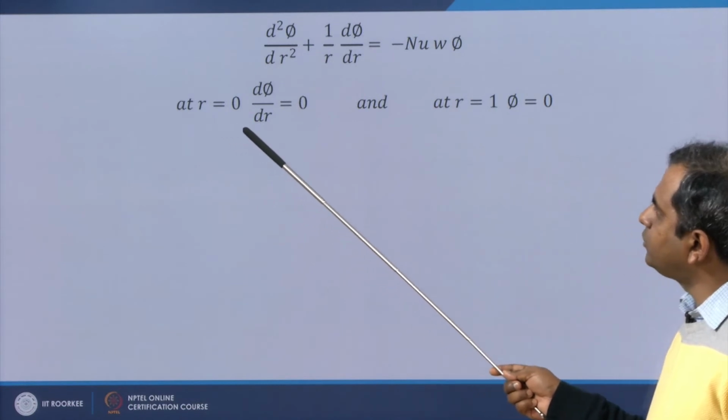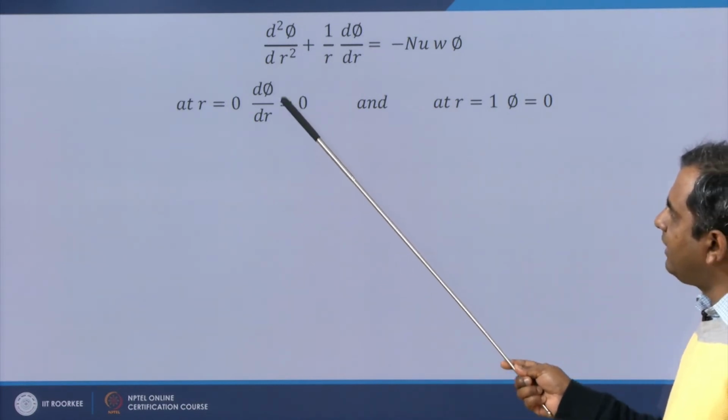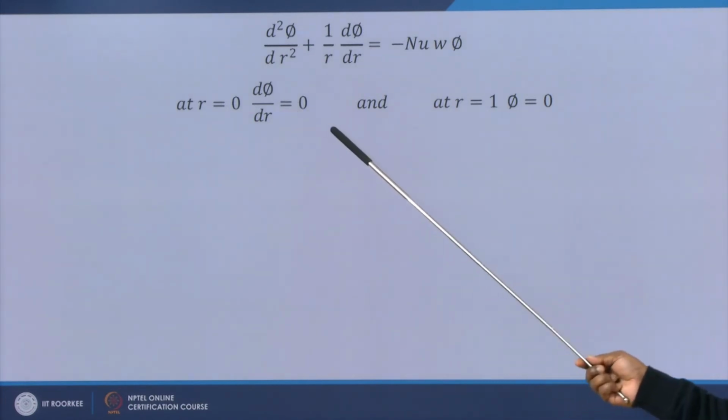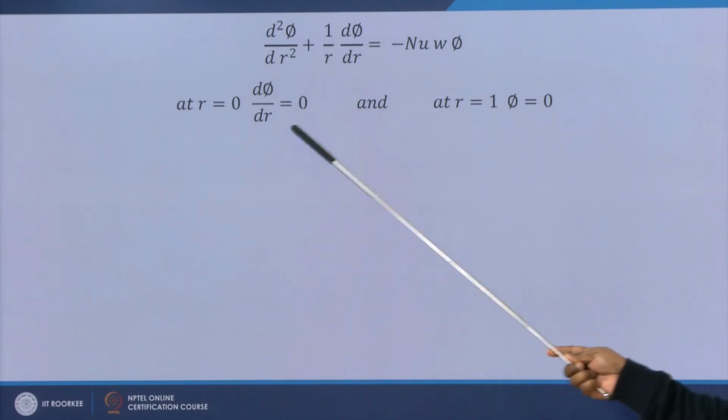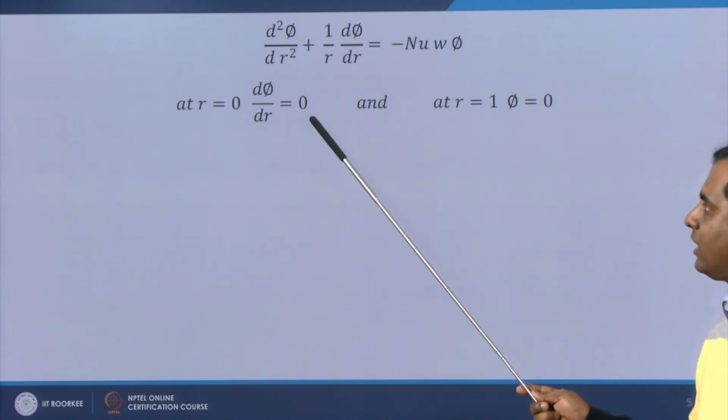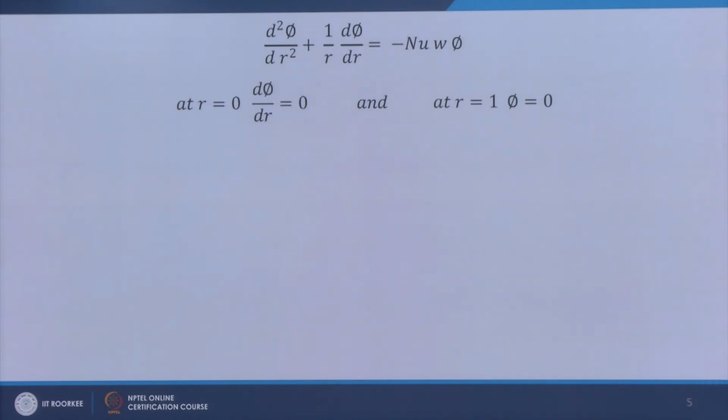At r equals 0, ∂φ/∂r equals 0, which is at the axis of the tube, so there will be no gradient of φ in the radial direction. At the wall, at r equals 1, φ equals 0, because we defined φ as (T minus Tw) by (Tb minus Tw), which becomes 0 since Tw minus Tw goes to 0.